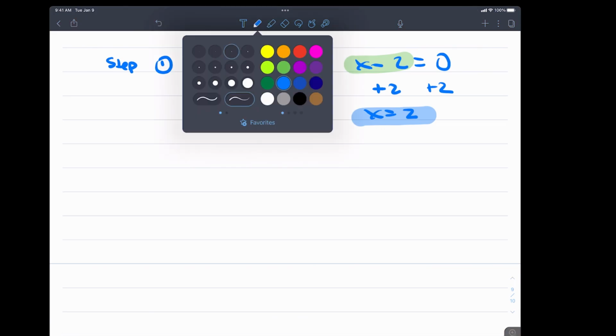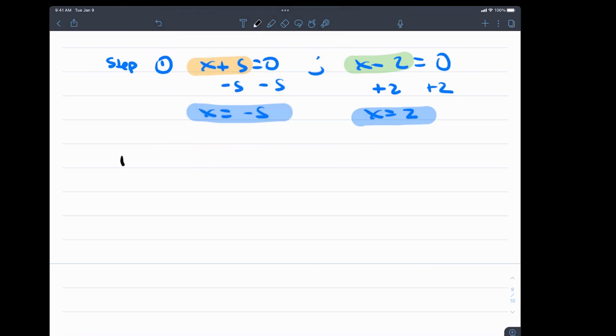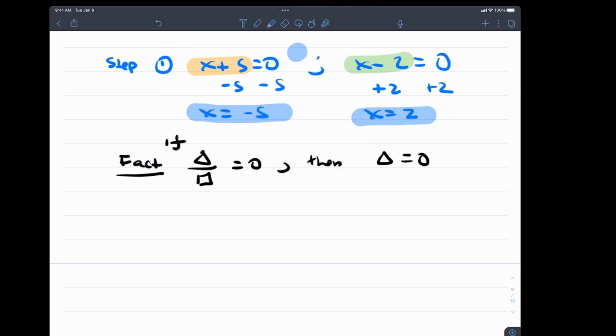And then you're going to use these facts. You guys want to know this. This is important. If you ever have a fraction and it equals 0, then the numerator is 0. So you might say, is this why we're solving the numerator? Yep.